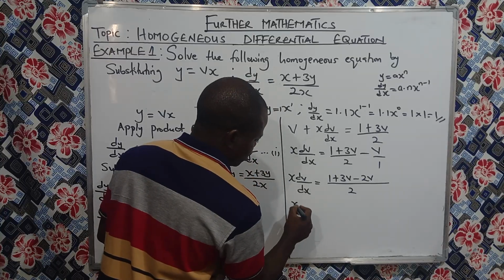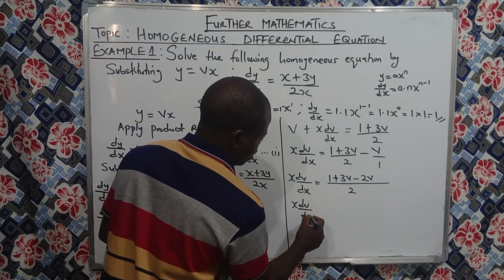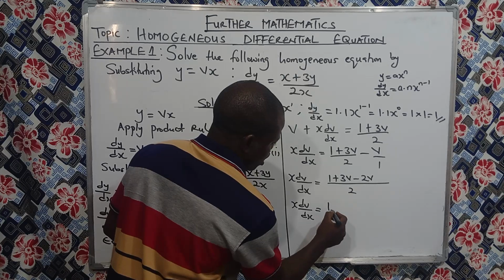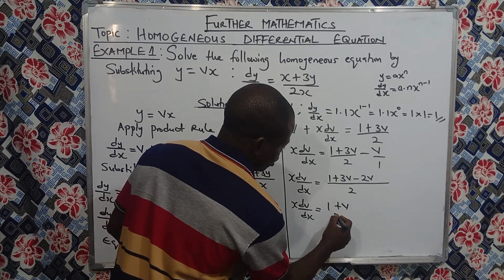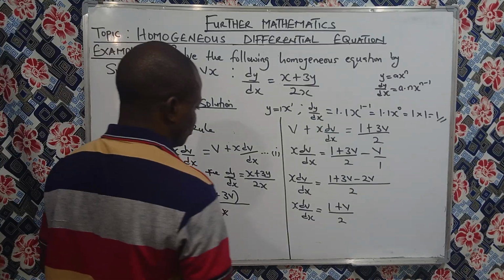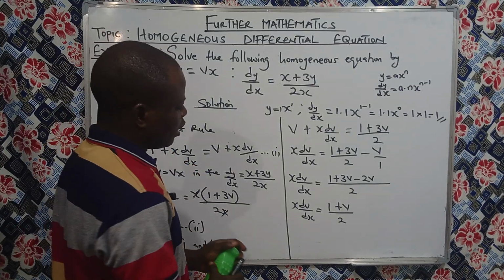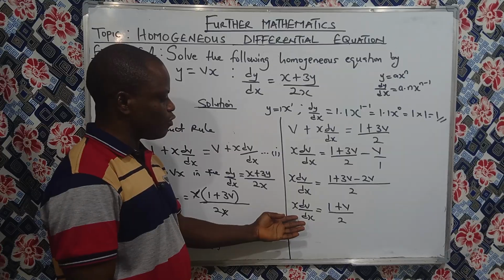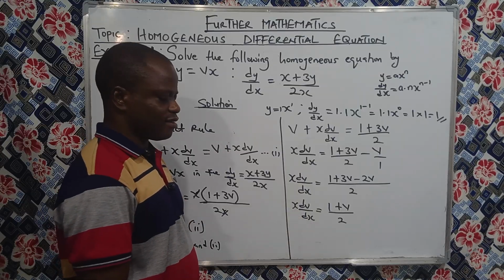Now x dv over dx equals 1 plus v over 2. Okay, now see, we have expressed it in terms of v and x.